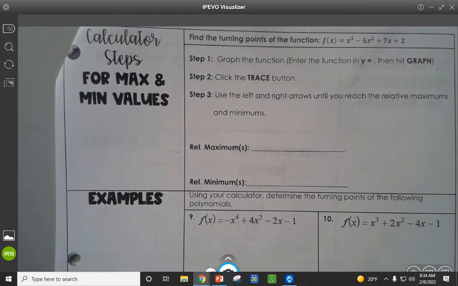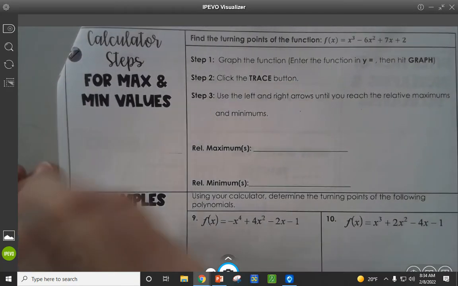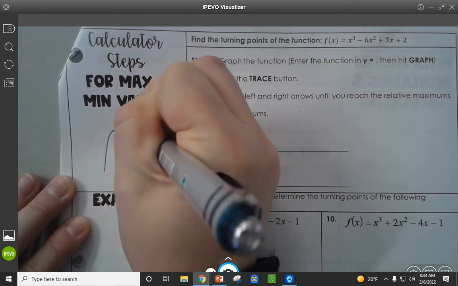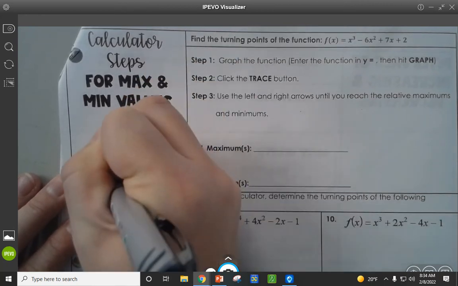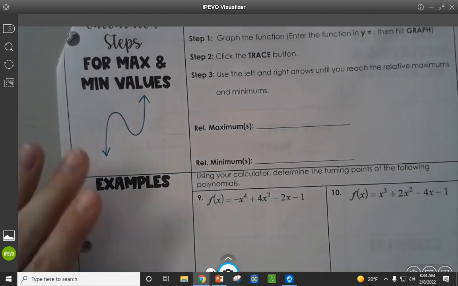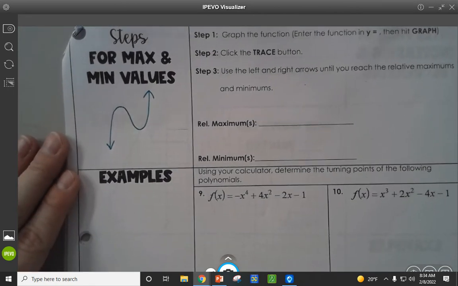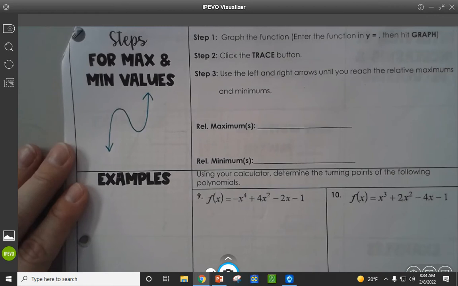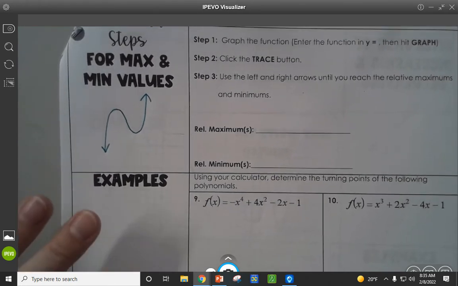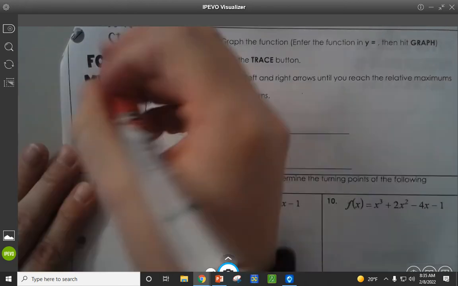And then I'm just going to sketch this shape out over here. And we have two turning points.